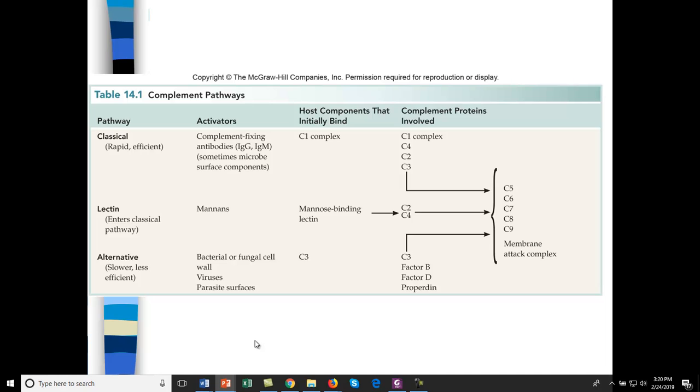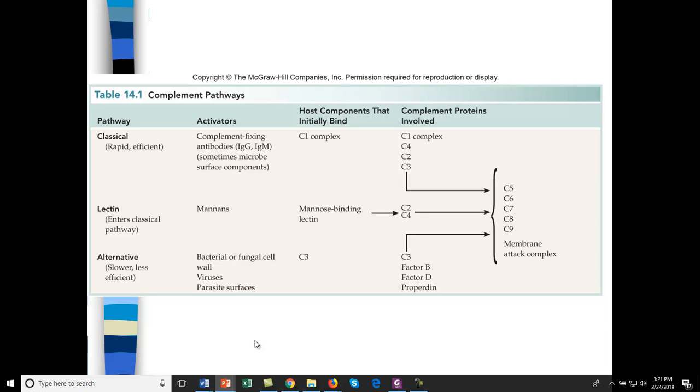The C1 complex then cascades to C4, then C2, then C3, and then it goes through the common pathway, which involves C5, C6, C7, C8, and C9, and then the membrane attack complex. The membrane attack complex basically pokes holes into the membrane of the foreign invader.